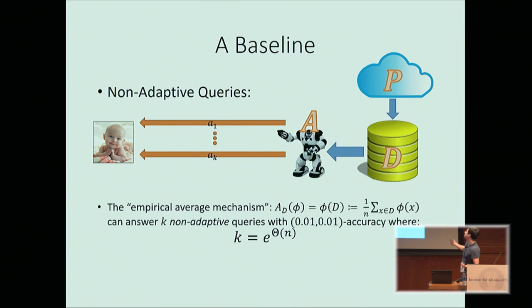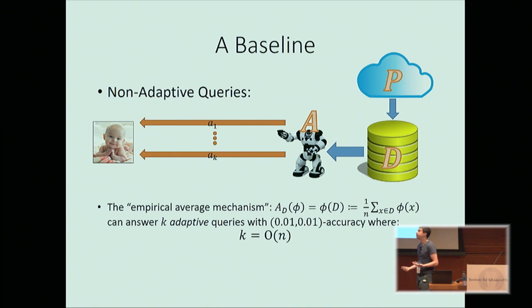And so it's not hard to see that, for example, if I wanted to ask k non-adaptively chosen queries, and I wanted to get at most 1% error 99% of the time, the number of queries the simple empirical average mechanism could answer is exponential in the size of the data set. It is just a Chernoff bound and a union bound. Okay?